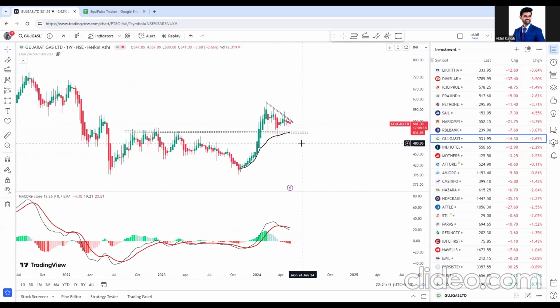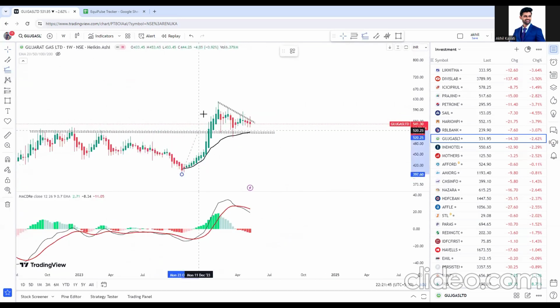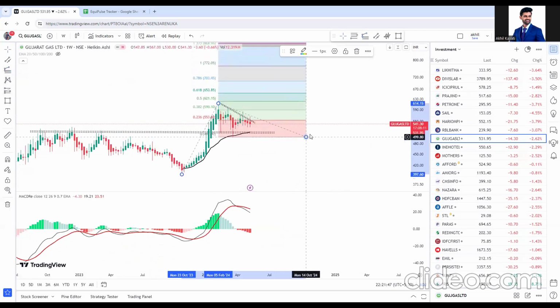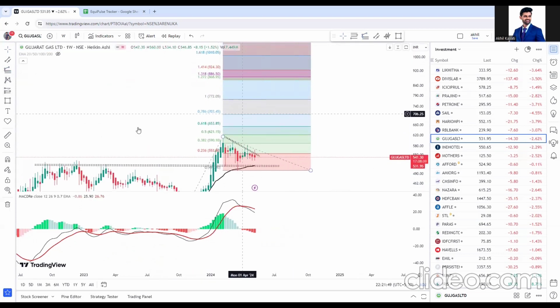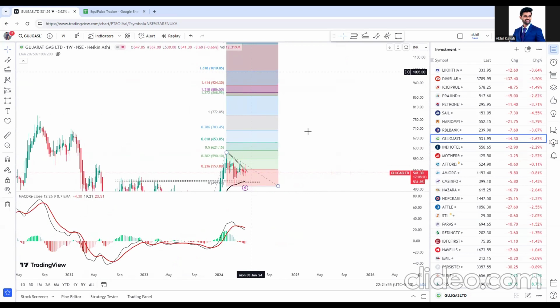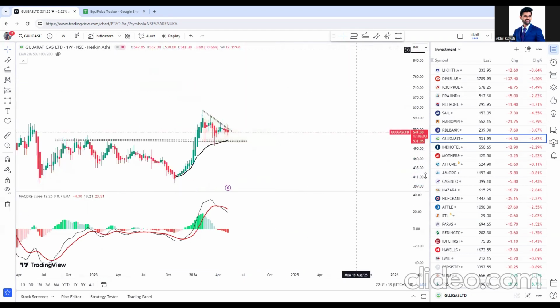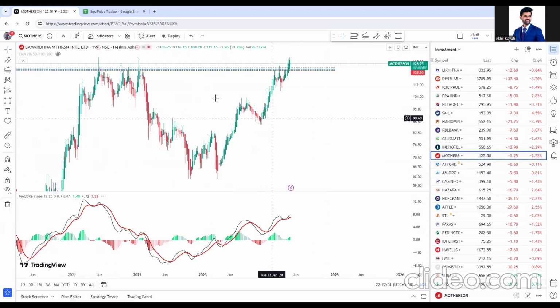It is taking support at that breakout zone, and just marking those target zones. So equality would take us to 772, which again overlaps exactly with the stop, and 1.618 should take us all the way till 1000. So these are the levels we are talking about, and Motherson is our favorite of all.